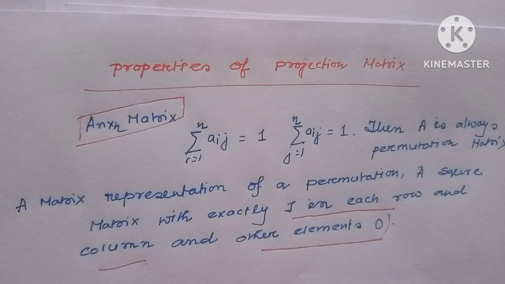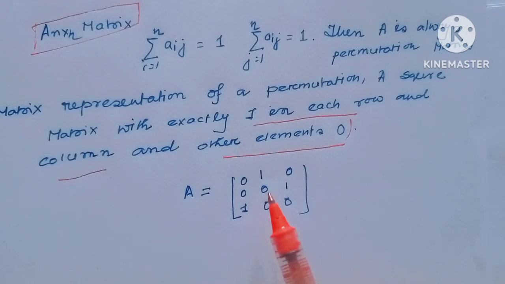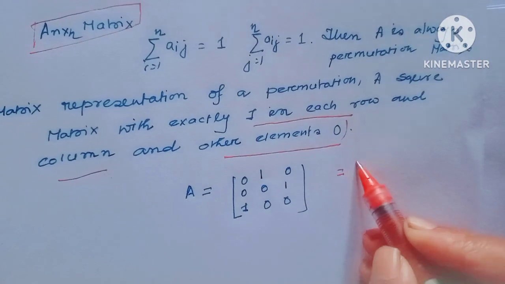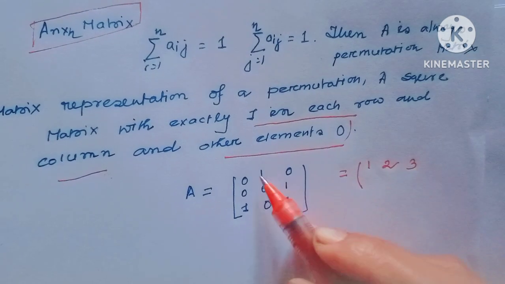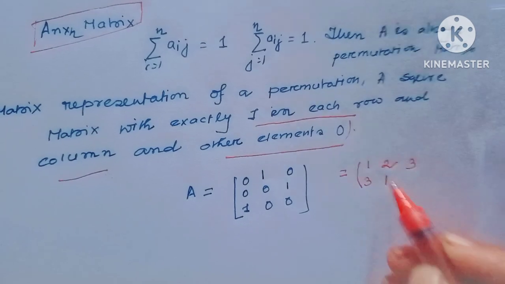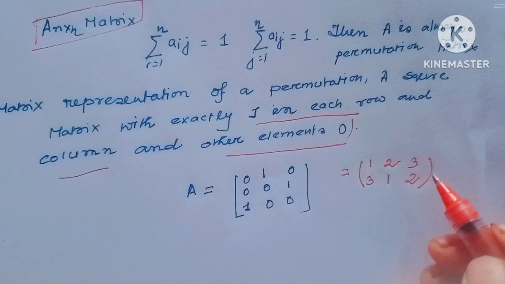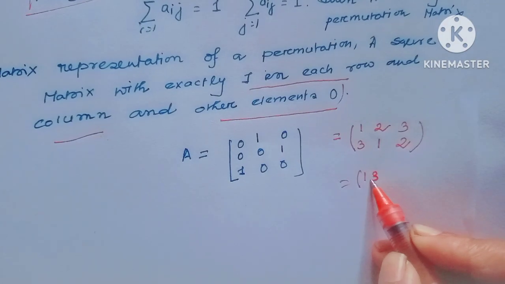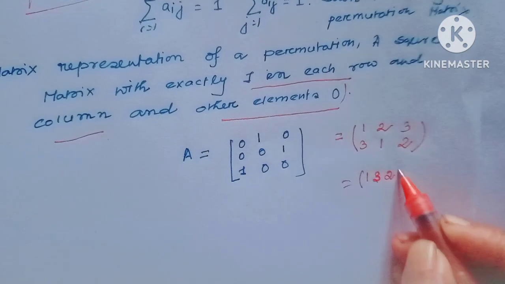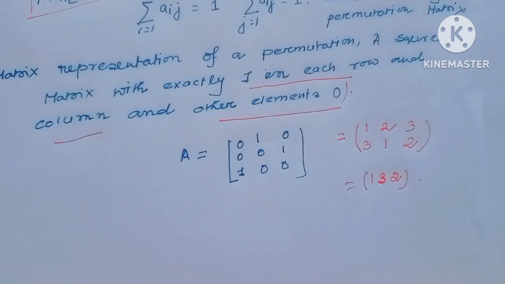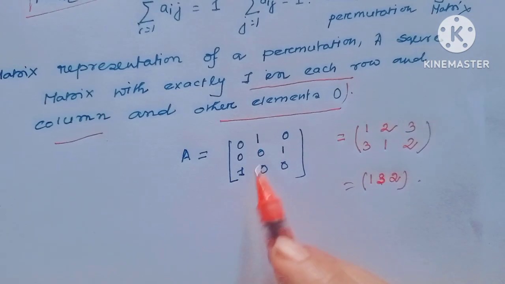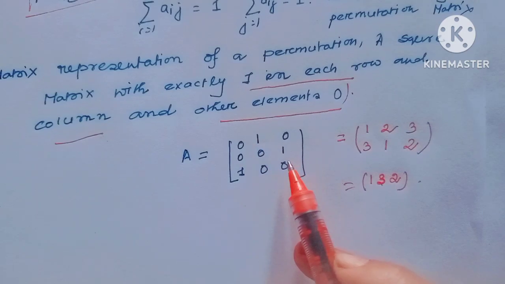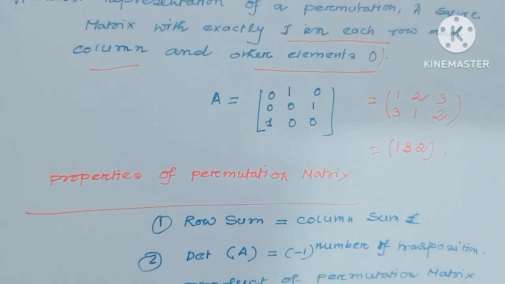As for example, when A equals 0 0 1, 1 0 0, 0 1 0, that means here the matrix looks like 1 2 3: 1 goes to 3, 2 goes to 1 and 3 goes to 2. That means the permutation looks like 1 3 2. This is the permutation matrix. Here notice each row sum and column sum of the matrix is 1.